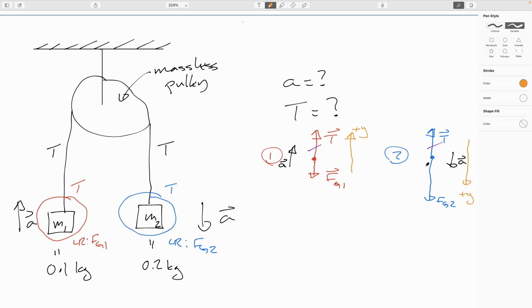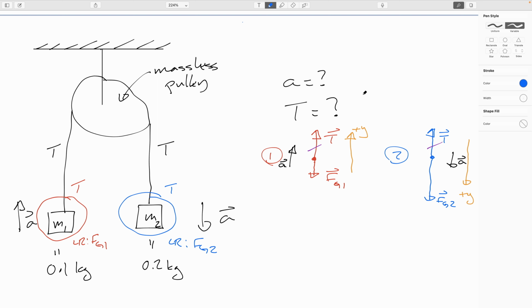This will mean that the y component of the acceleration for each Newton's second law statement will be positive. This allows me to avoid possible arithmetic errors. Now, it will be at the cost of having to realize here that Fg2 is positive and the tension here is negative, but that's okay.